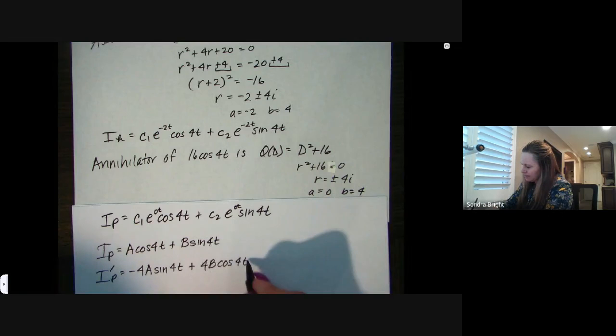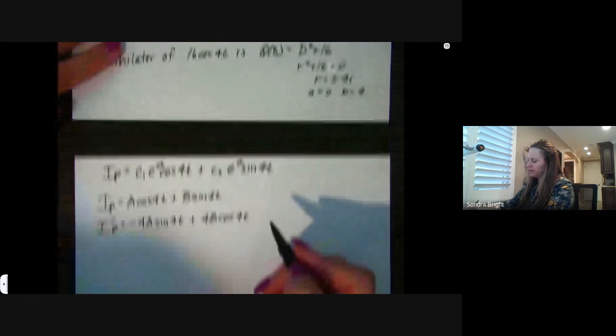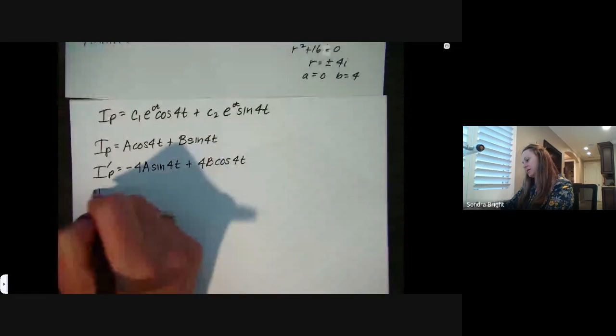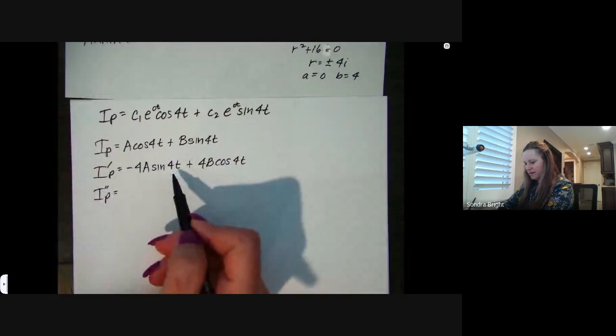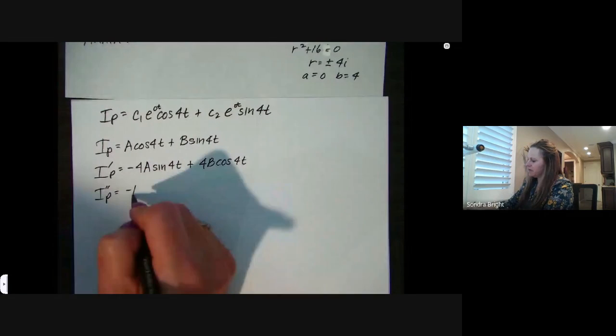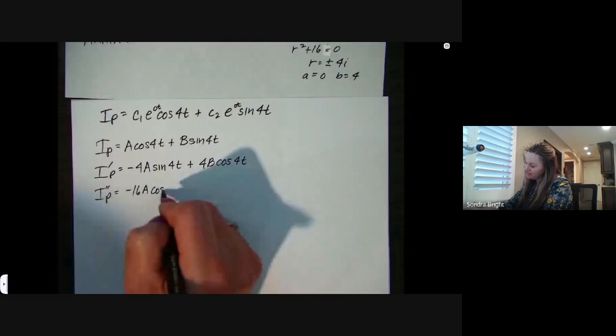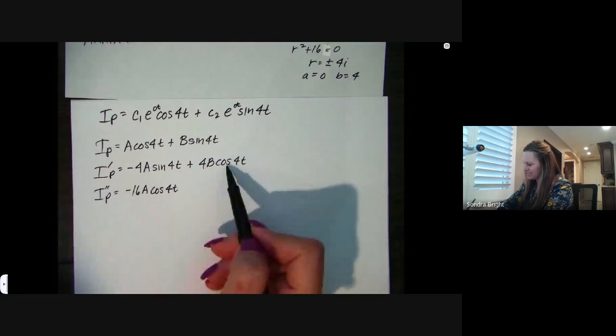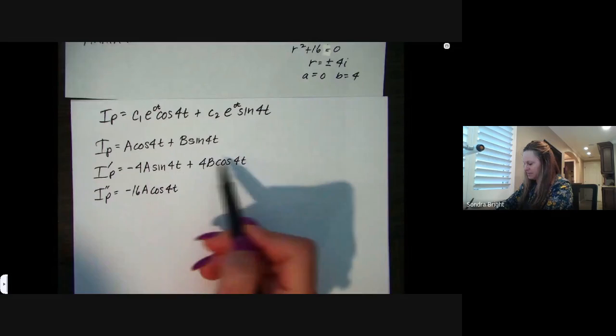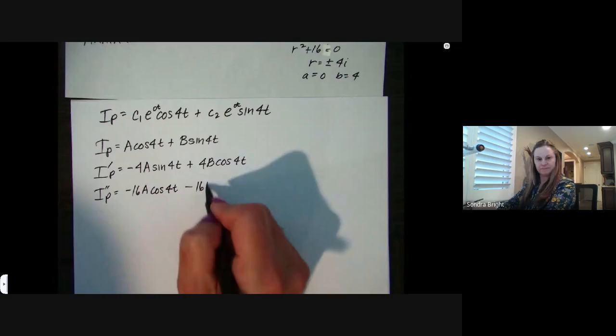And then second derivative of the particular: derivative of sine would be cosine, but then times 4, so a negative 16a cosine of 4t. Derivative of cosine is negative sine, but then times 4 also, so a minus 16b sine of 4t.